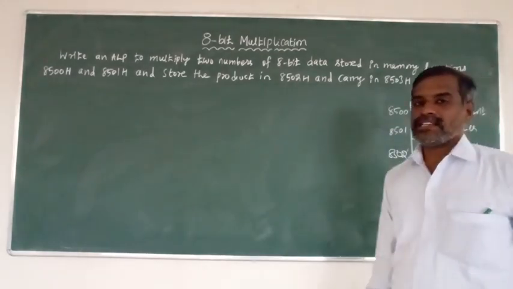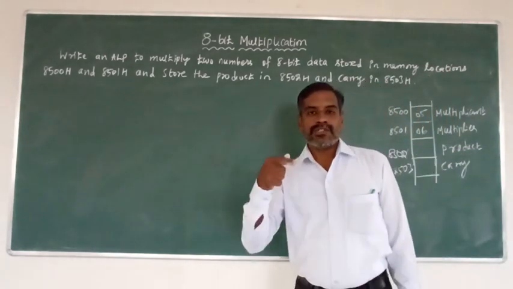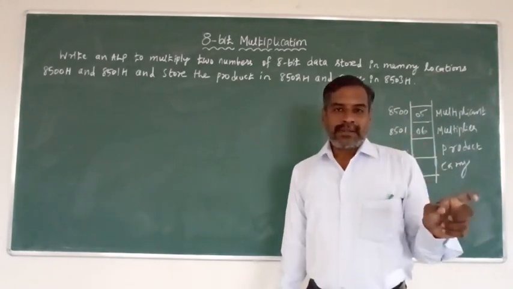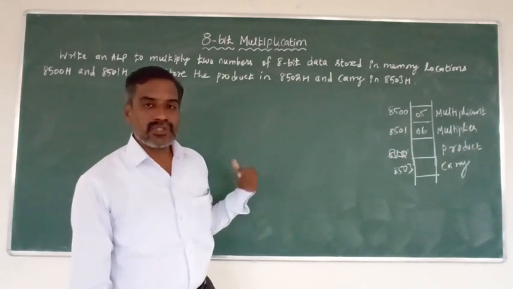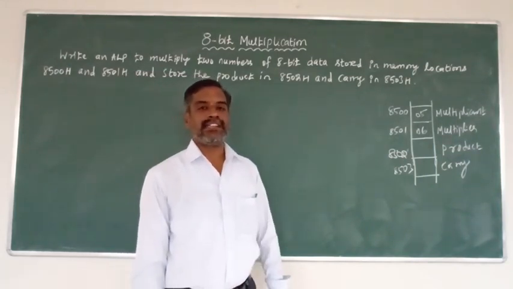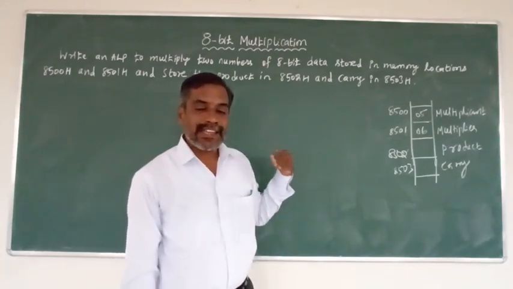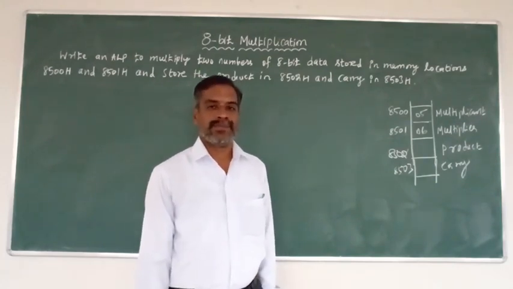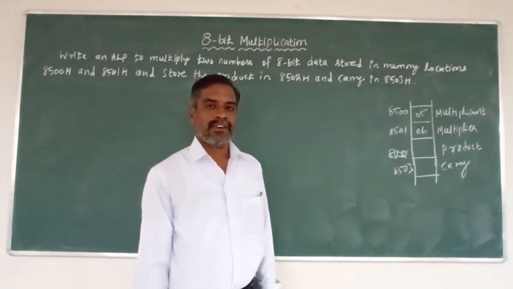Here, to multiply the two 8-bit data, we can use repeated addition. Data 1 is 8-bit, data 2 is 8-bit. Now we add these two data by repeated addition. If the result is more than 8-bit, we have to increment the carry register a single time.